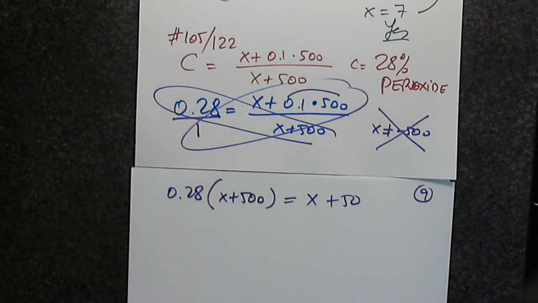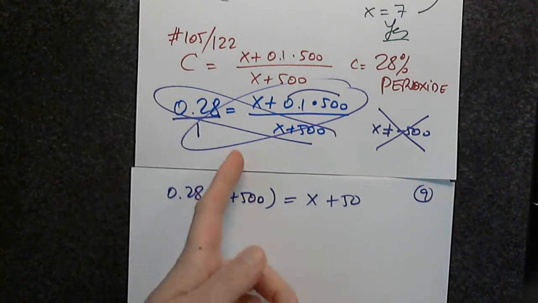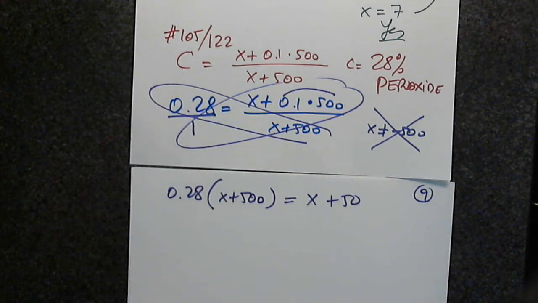Excellent. So although initially we had a rational equation to solve, immediately it collapsed, because we realized that it was a proportion, right? We realized it was a proportion, we cross multiplied, and then all we needed to do was to solve the linear equation.